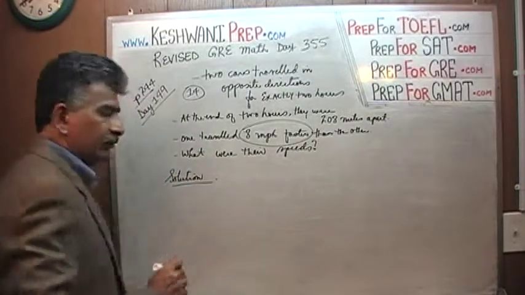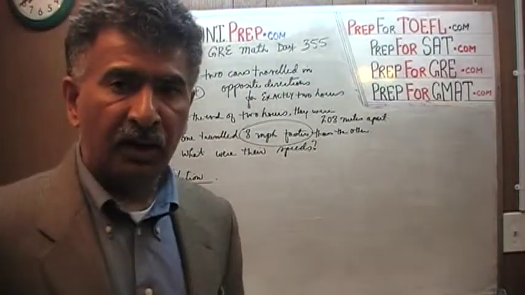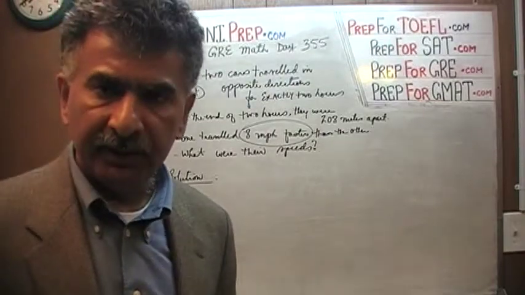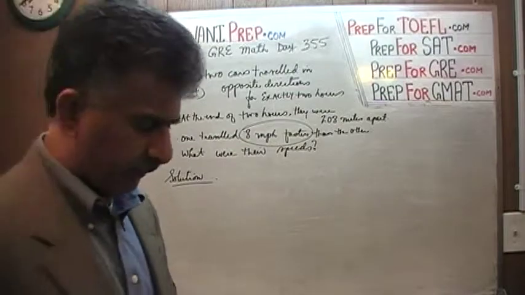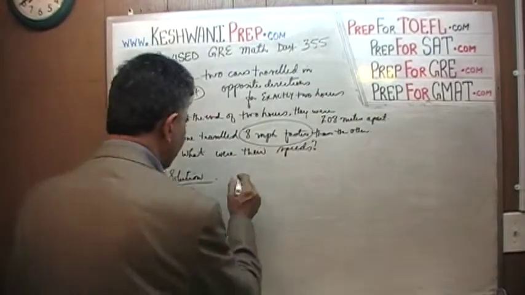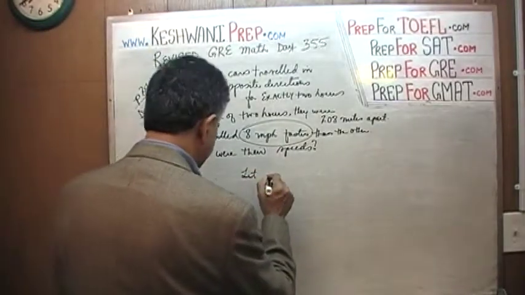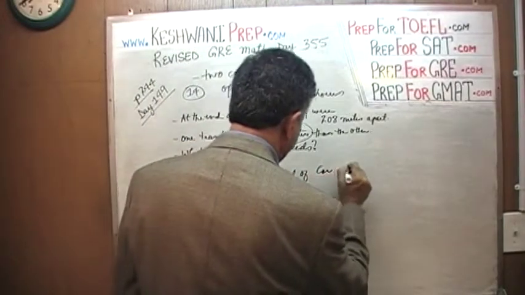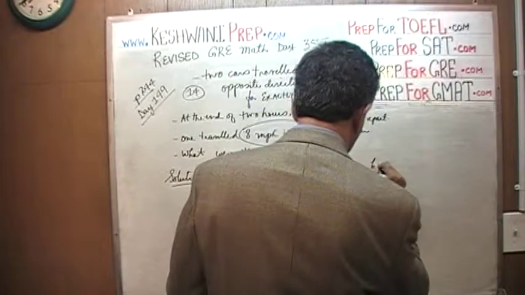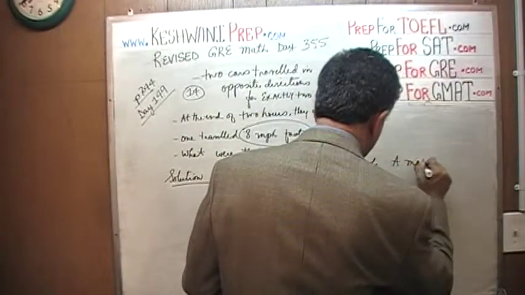First thing we have to do is give these cars names. We're going to call them cars a and b so that it's easier to talk about it instead of talking about first car and second car. So let the speed of car a be A miles per hour.